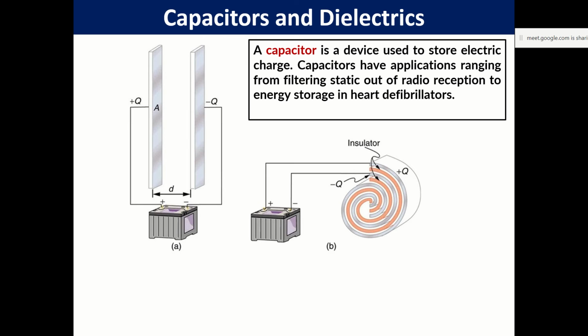You are also familiar with capacitors. It is a household thing now. Many appliances, equipment, fan and everything, कंडेंसर जिसको आप कहते हैं कैपेसिटर होता है. A capacitor is a device which is used to store charge.